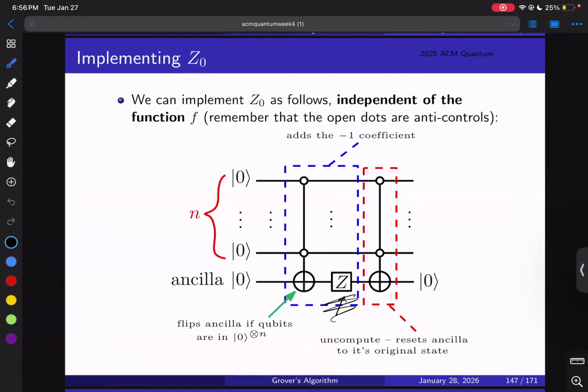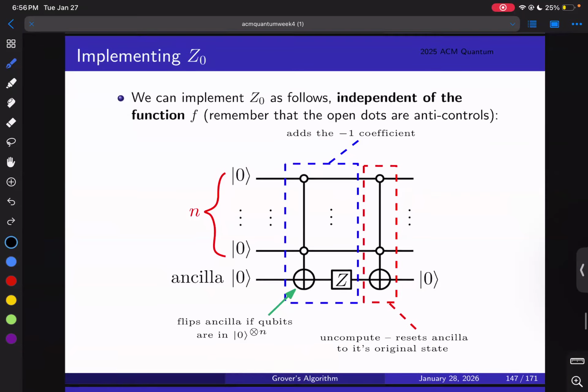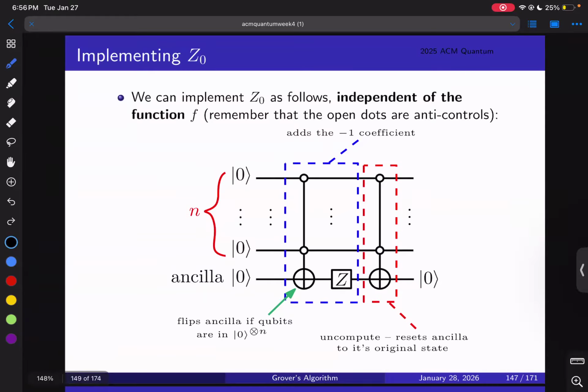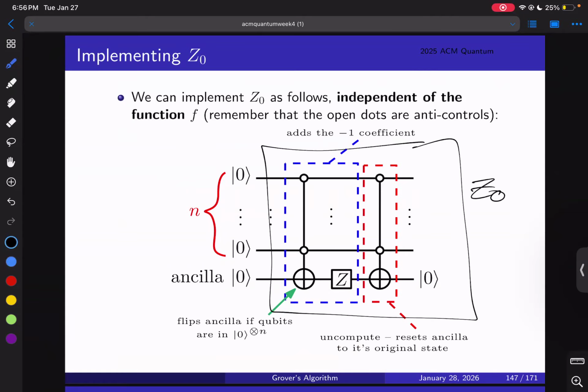You don't have to worry about it if it doesn't make sense still, but this Z naught will be independent of the function passed. So this is just it expressed in gates. But in our circuit diagrams, we're just going to package this into one big gate, Z naught or Z0.